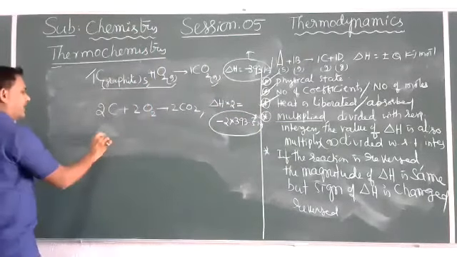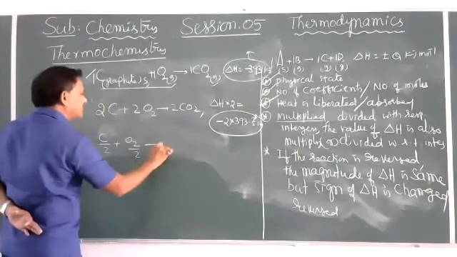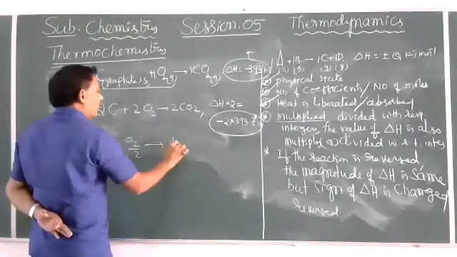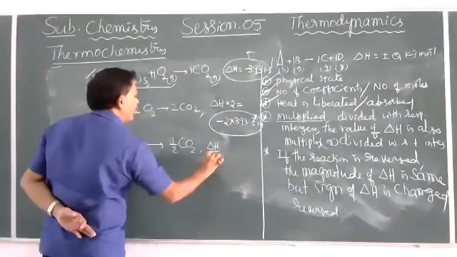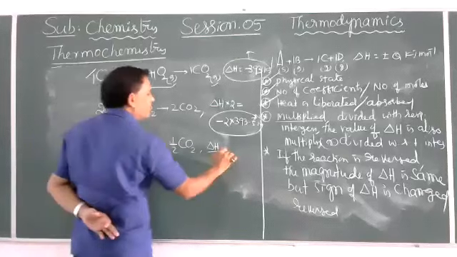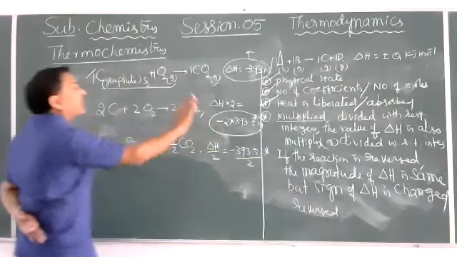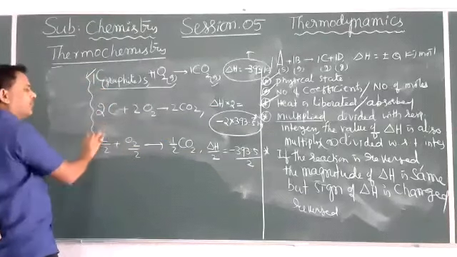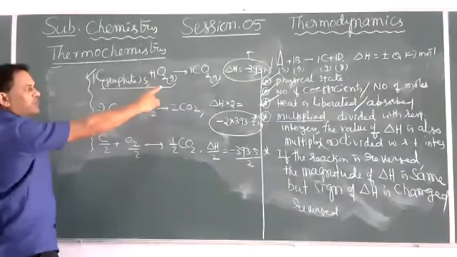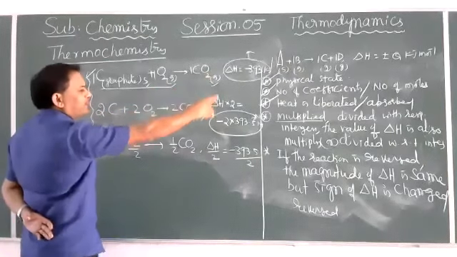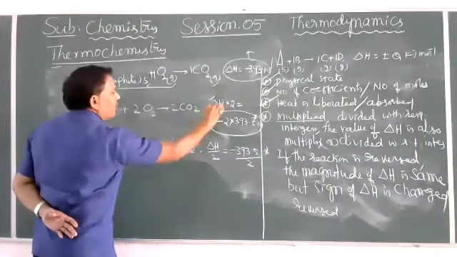If you want to divide, C by 2 plus O2 by 2 gives 1 by 2 CO2, then the value is also divided. This is equal to minus 393.5 by 2, whenever required while doing problems. That's why if the reaction is multiplied by an integer like 2, 3, 4, 5 or divided by certain numbers, this value is also multiplied or divided.